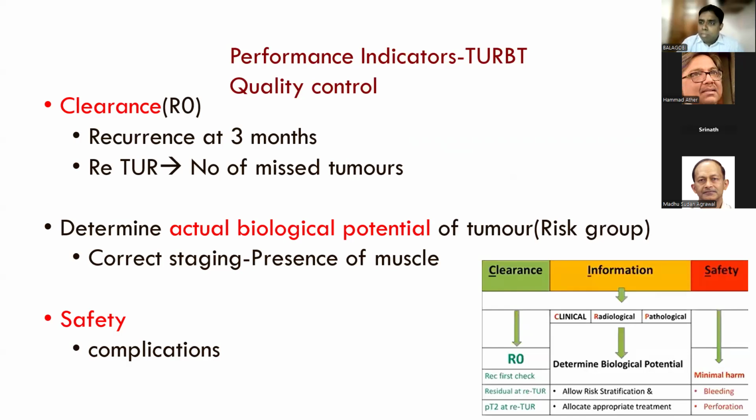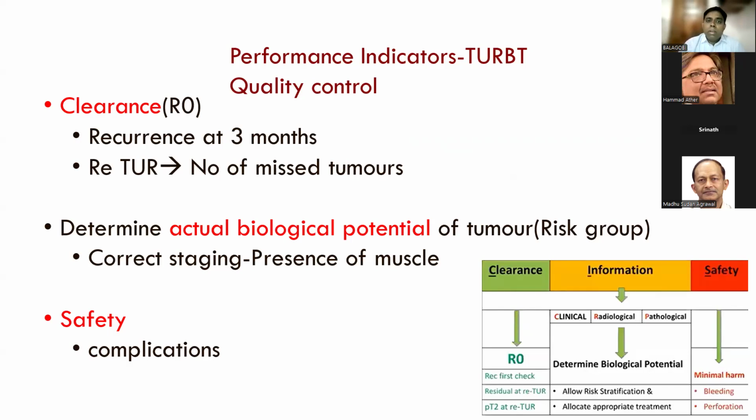So you have to consider three things. One is R0 clearance. That is assessed by the number of recurrences at the end of 3 months, or when you are doing a re-TUR, the number of missed tumors indicates your performance with the clearance.